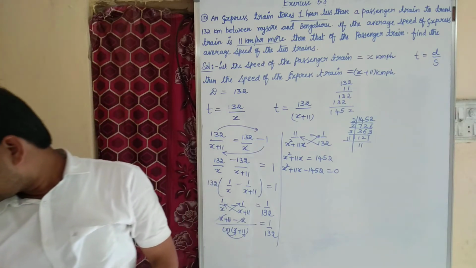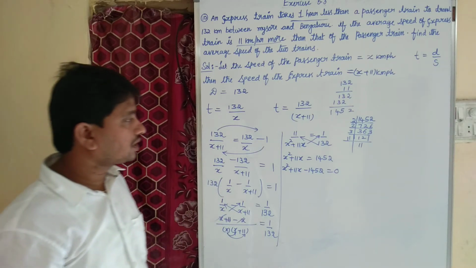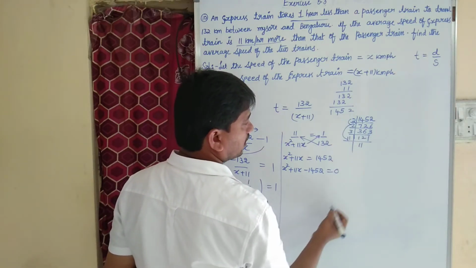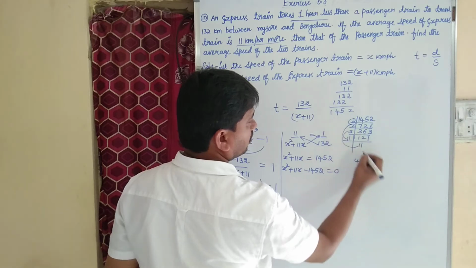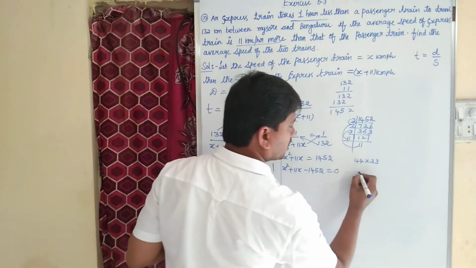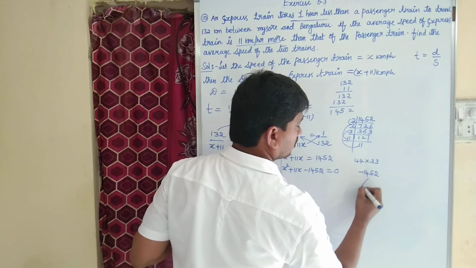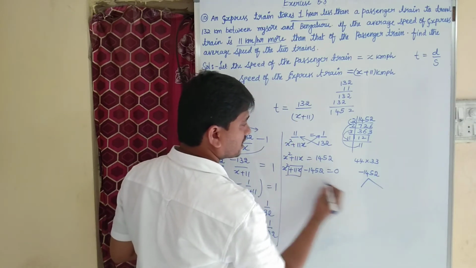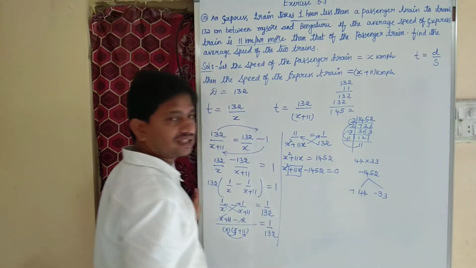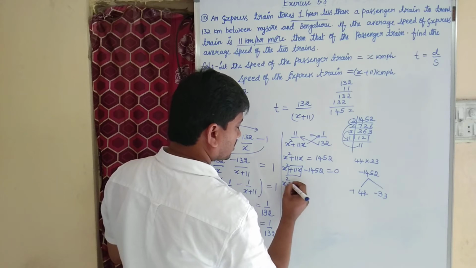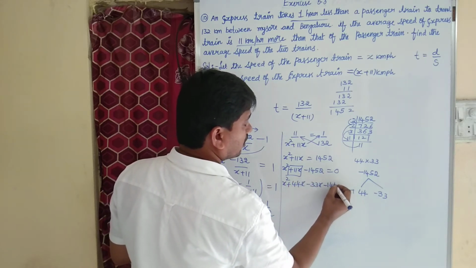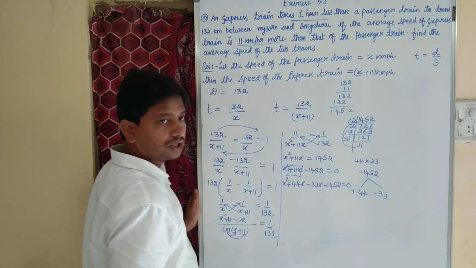The factors are 44 and 33, children. 44, 4 into 11, is 44, and 11 into 3 is 33. Right? As the constant is minus 1452 and our middle term is plus 11x, with 44 and 33, plus 44 and minus 33, I can write x square plus 44x minus 33x minus 1452 equal to 0.